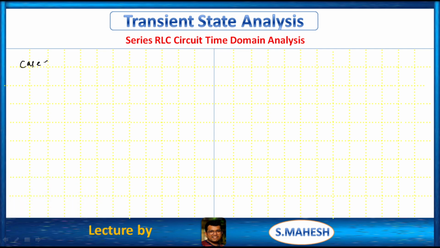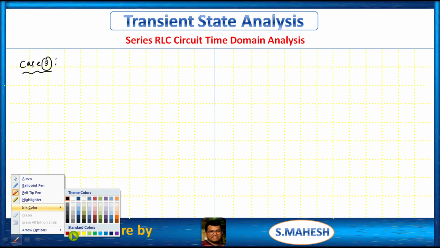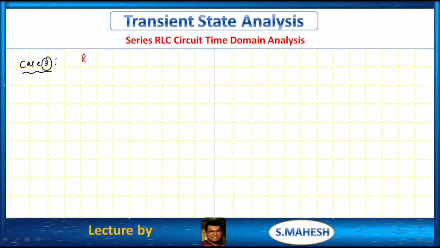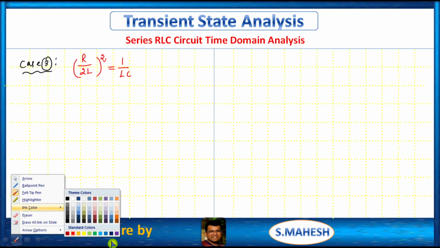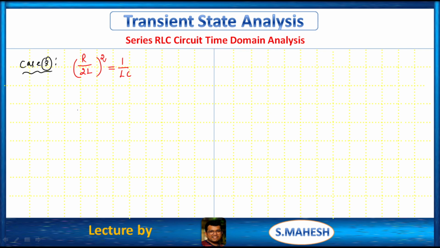What is that case 3? R by 2L whole square is equal to 1 by LC. If these two are equal, obviously there is no term of beta, right? Therefore beta is equal to 0.